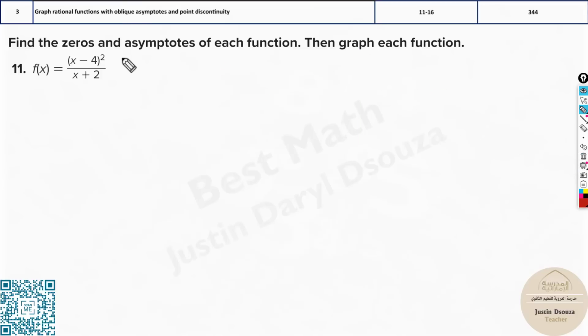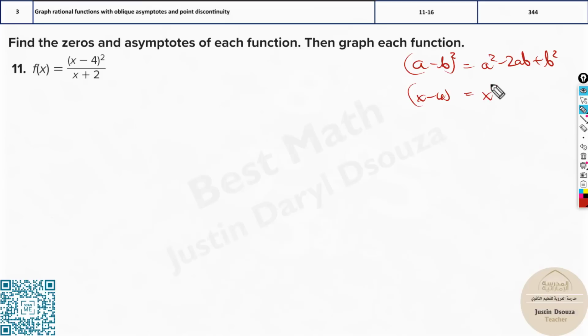Now, when you're solving such a problem, you have to expand this because we have to do the long division method for the oblique asymptote. Now, it is (a minus b) the whole squared, so a squared minus 2ab plus b squared. We have to use the square of a difference formula. Let's substitute here x minus 4.